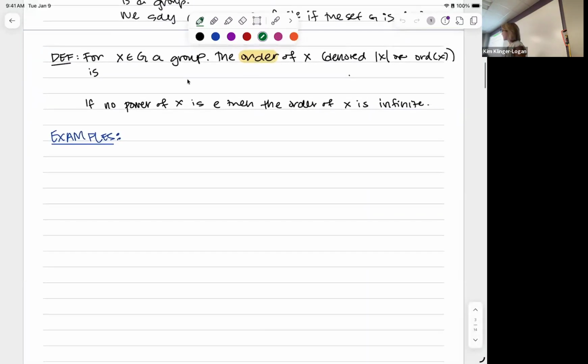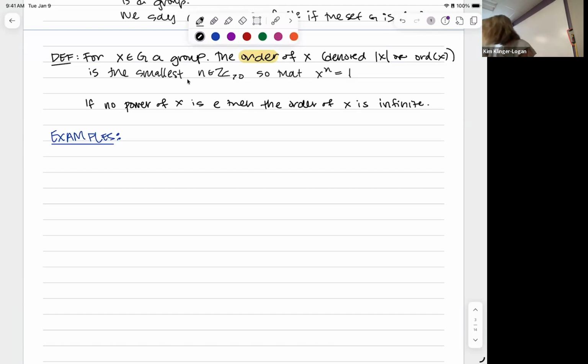If I take an element x in G, we call the order of x the smallest positive integer n so that x to the n is equal to the identity. If I apply the operation n times, I get the identity. If I raise x to a multiple of n, I will still get the identity, so this is the least such power. If there's no such power, then we say that the order of x is infinite.